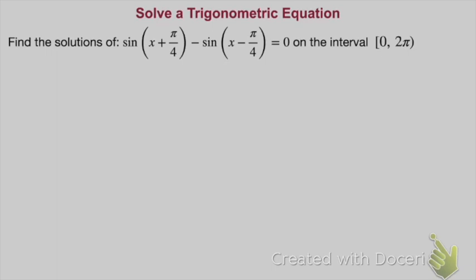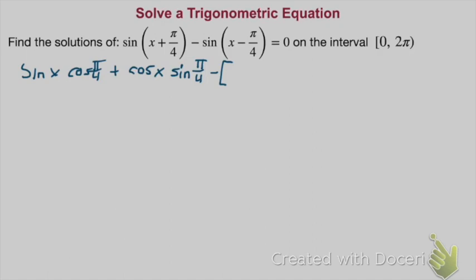So if you use your sine identity for a sum, you take the sine of the first times the cosine of the second plus the cosine of the first and sine of the second, and then we do minus, and make sure you put this in brackets or big parentheses.